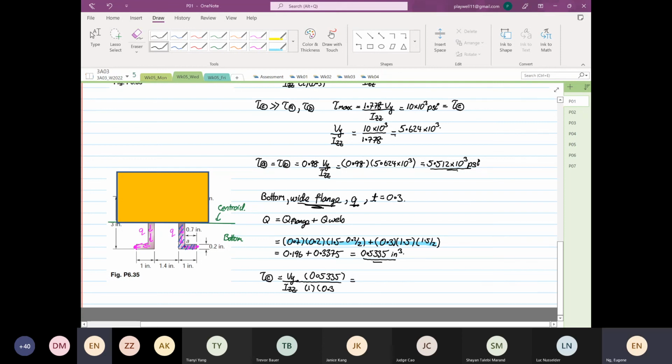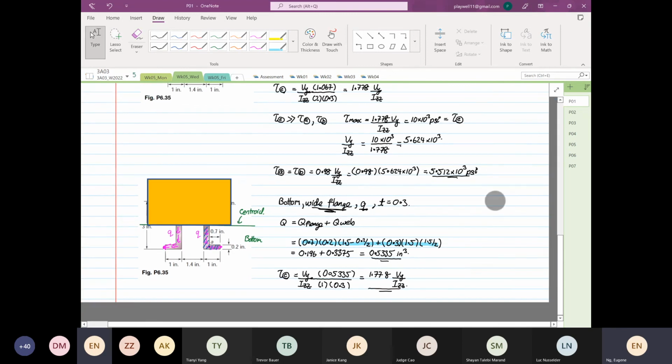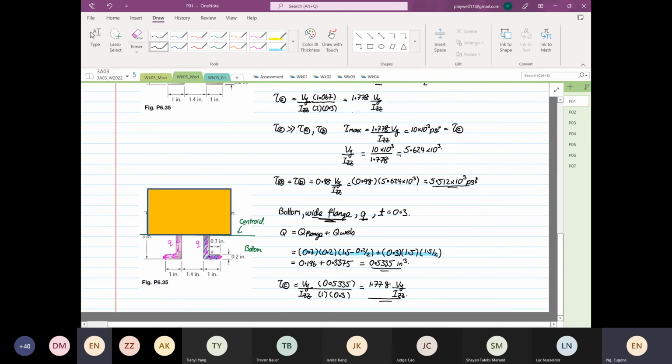So 0.5335 divided by 0.3 is equal to 1.778, times Vy over Izz. You realize that the shear at point C from the bottom and the shear at point C from the top are exactly the same.